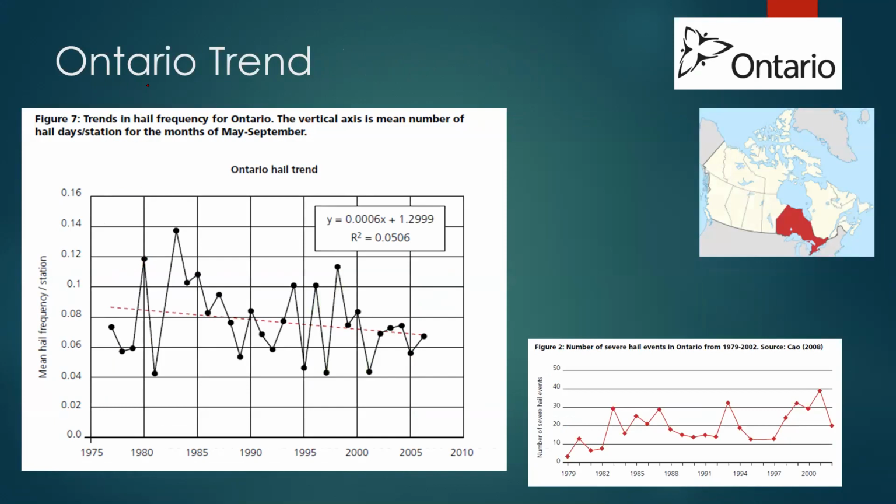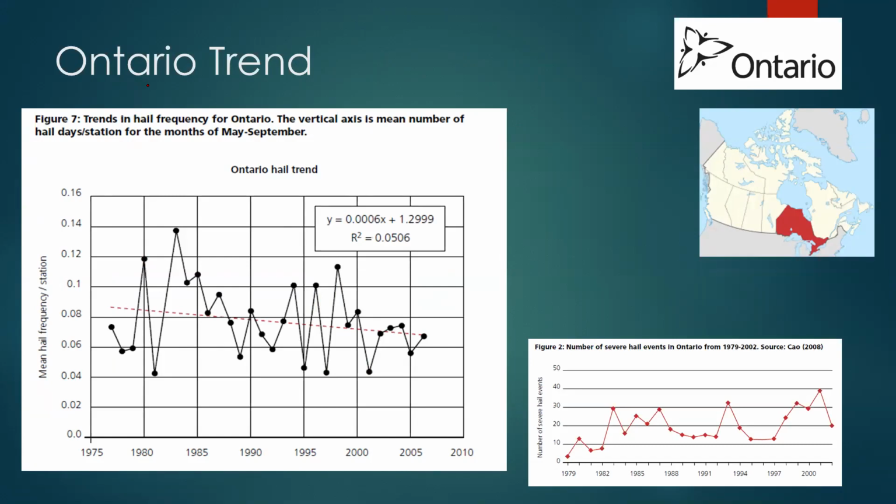I took a look at trends in hail frequencies at the provincial level. Basically I took all the weather stations or hail observations in a province, and I averaged it to see what the average hail frequency per year was during the warm seasons of May to September for that province. If you take a look at this left-hand graph for Ontario, you can see that there really hasn't been much change.